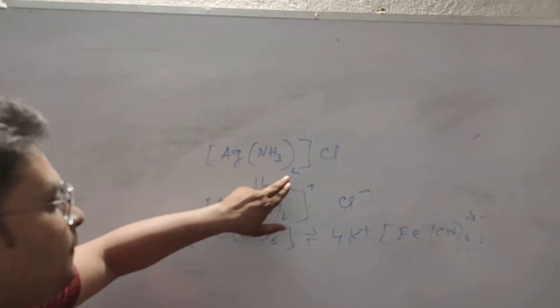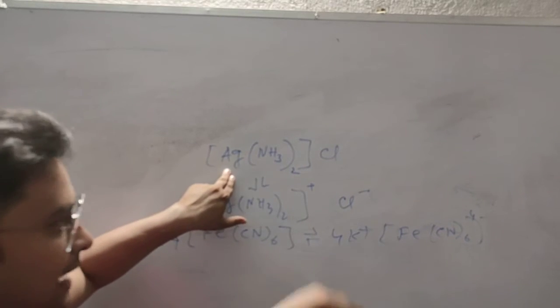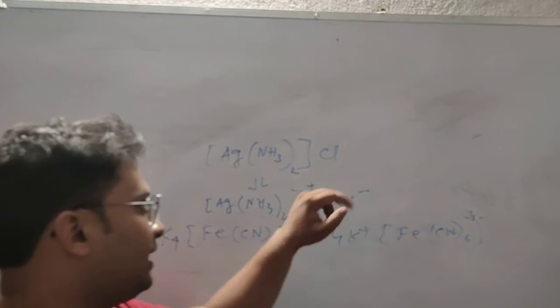Listen to me again: diammine silver, bracket the oxidation state, and then chloride.